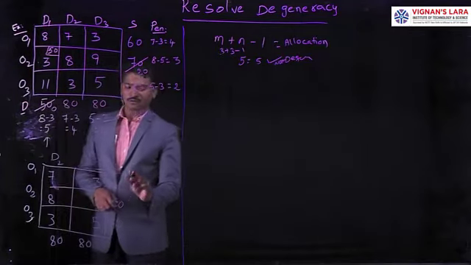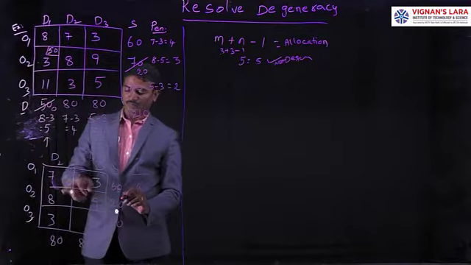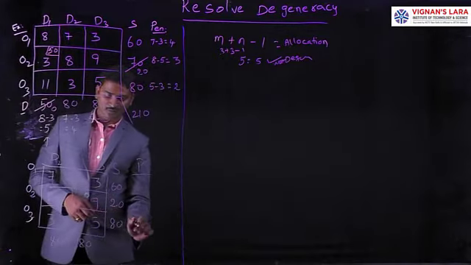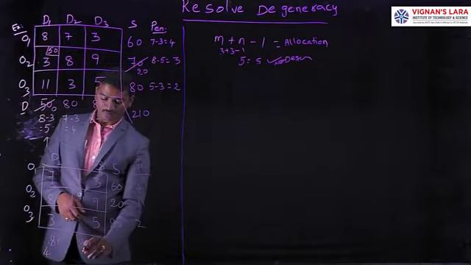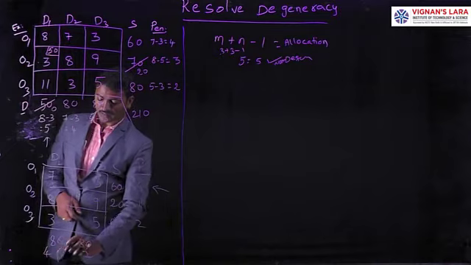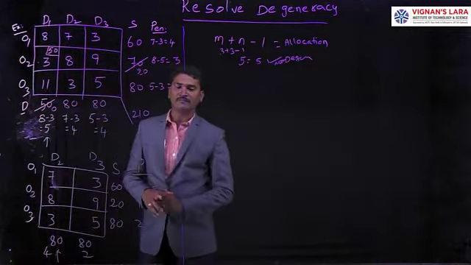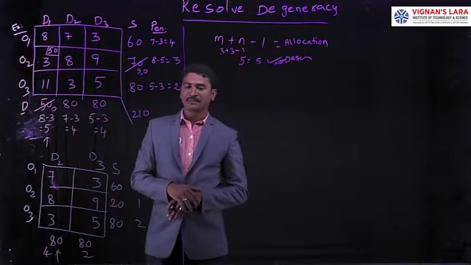Here the penalties are 4, 1, 2, and coming to this, 4, 2. From this, where do we have the highest penalty? Here we have 2 highest penalties, a tie between the highest penalties. Here we can choose arbitrarily based on the supply and demand values.